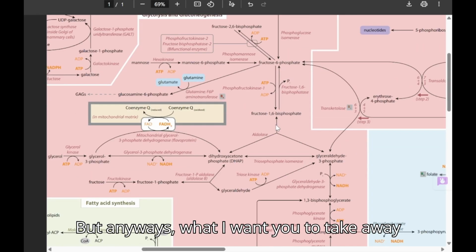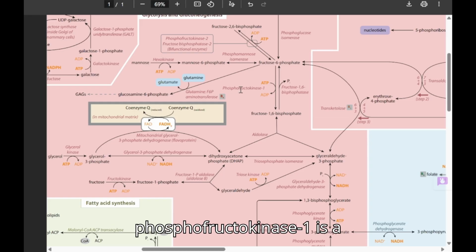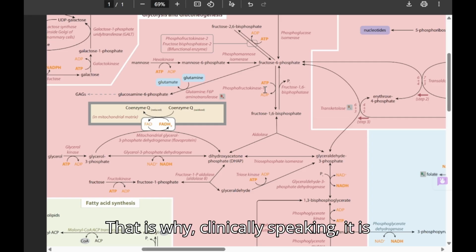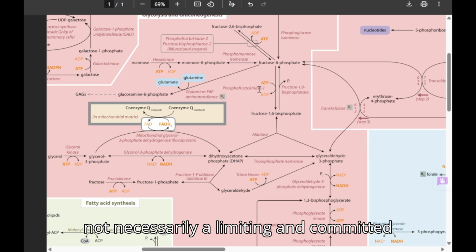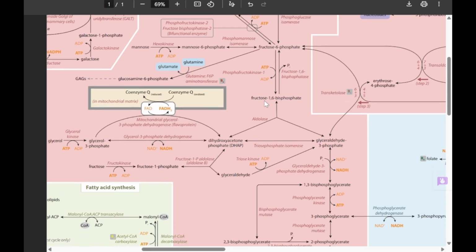But anyways, what I want you to take away from this is that the regulation of phosphofructokinase 1 is a critical step in glycolysis. That is why, clinically speaking, it is known as the rate-limiting and committed step of glycolysis.